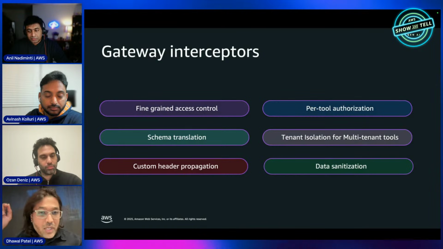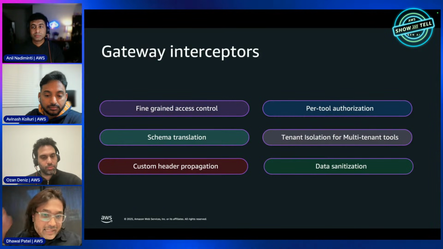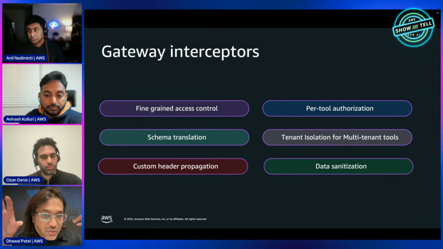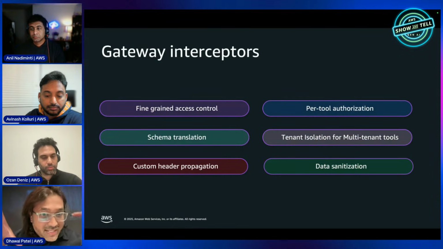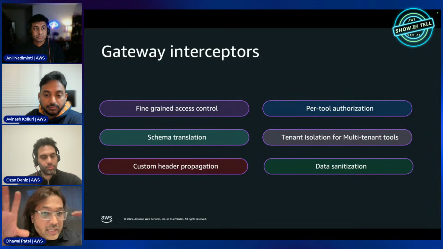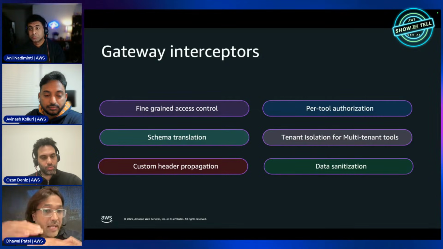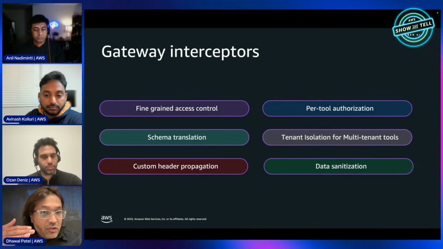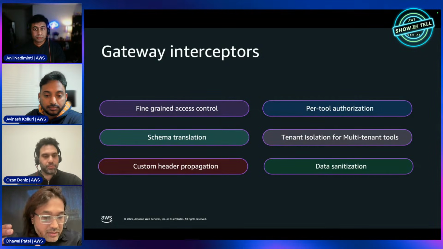You need to make sure that these AI agents have access to the right set of tools, not just statically assigned to them, but also dynamically changing based on the users who are accessing these agents.